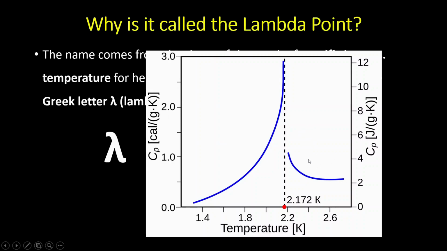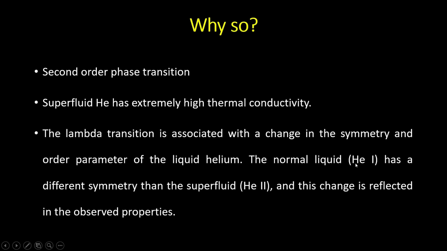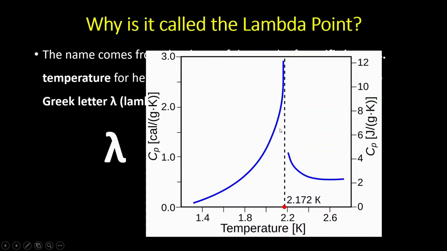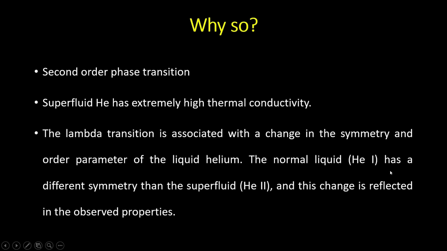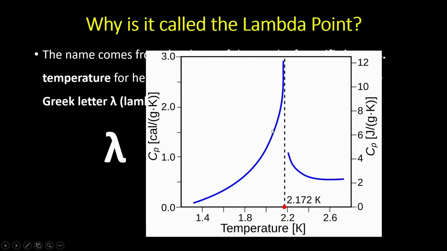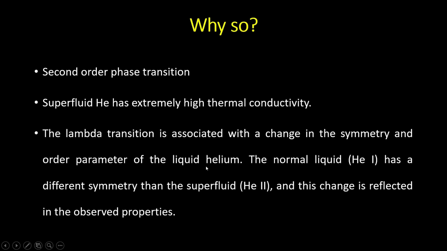It has different symmetry and a different order parameter, and that is why we observe this transition in the specific heat, this continuous graph, which is also called the lambda plot.